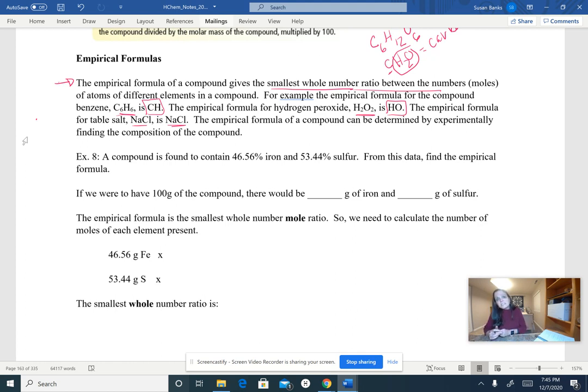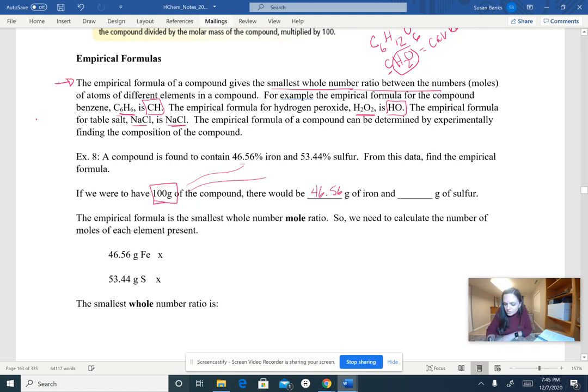So the easiest thing we're going to do is we are always going to pretend, if we have mass percents, we're going to always pretend that we have 100 grams of whatever compound we're talking about. So if I have 100 grams of this stuff, how many grams of that would be iron? Wouldn't I just have to do 46.56 grams of iron?